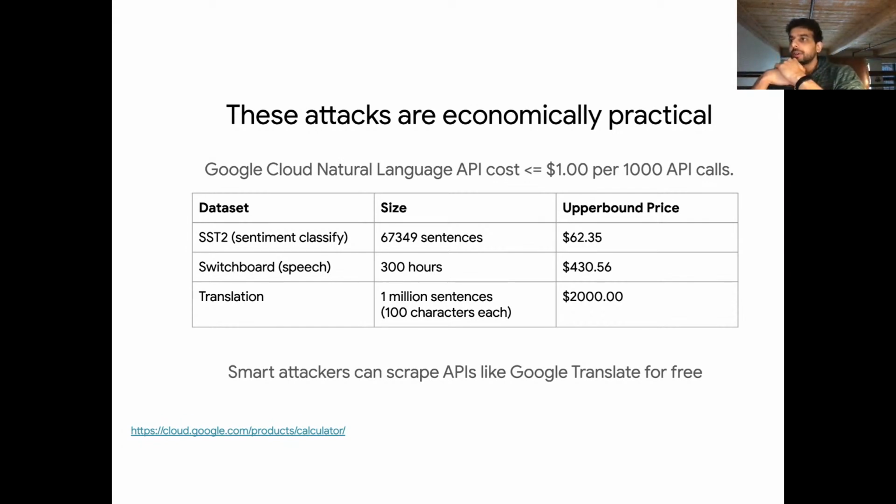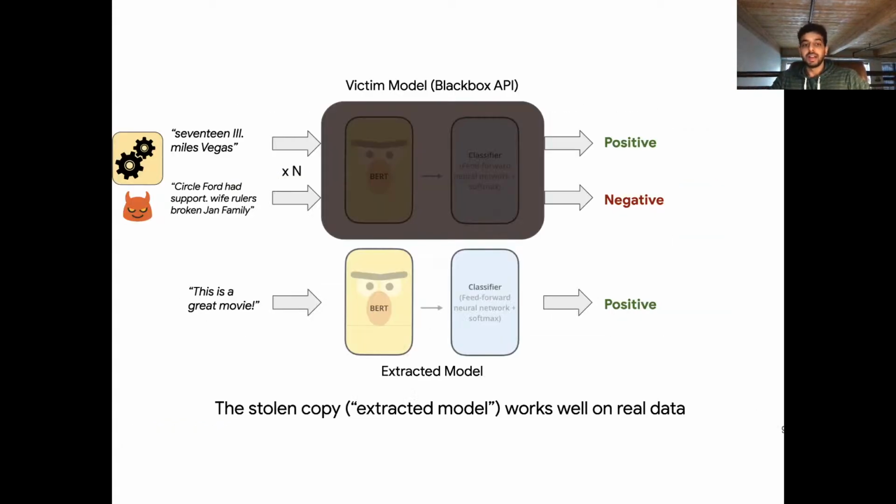I see a good question here. Do we need to make sure the victim model has the same architecture as the extracted model? No, it's not necessary, actually. We did some experiments that I'm not going to talk about where these were mismatched. So the victim could be something like XLNet, and the extracted model could be BERT, and it actually works pretty well.